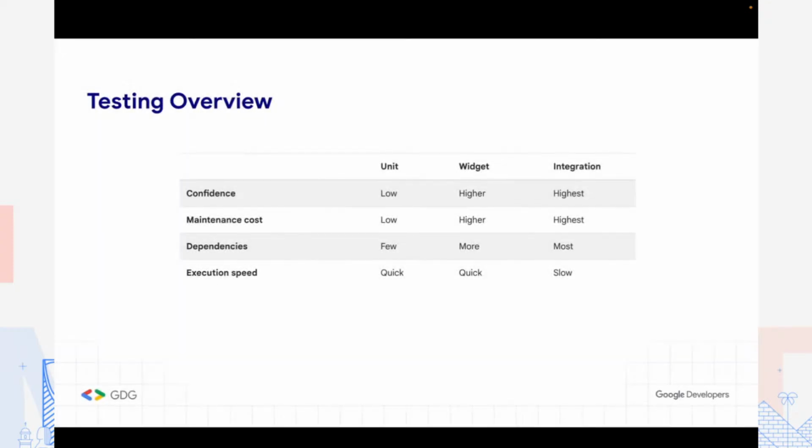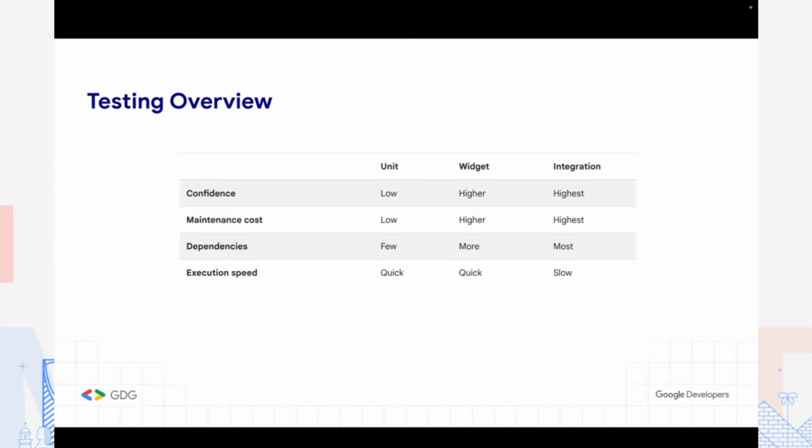So these are some of the metrics. Now, we have maintenance. For unit tests, the maintenance cost is less because we're talking about smaller units. For widget testing it's higher, and also for integration testing. For unit testing, we will require few or no dependencies, but for widget and integration, you will require more.